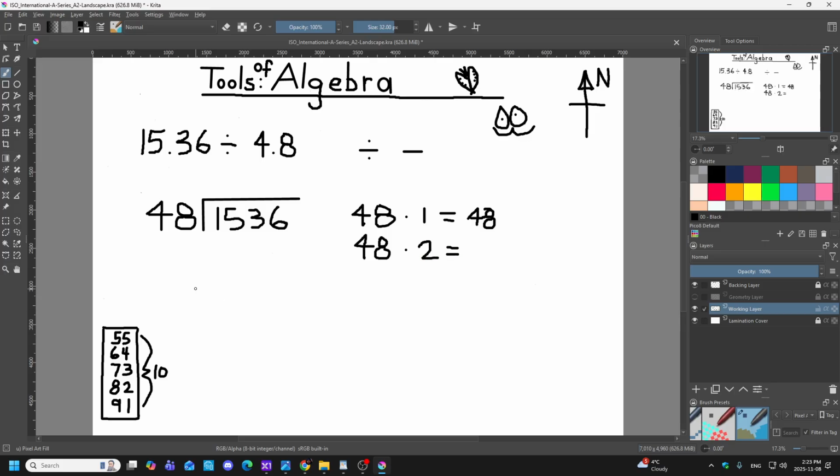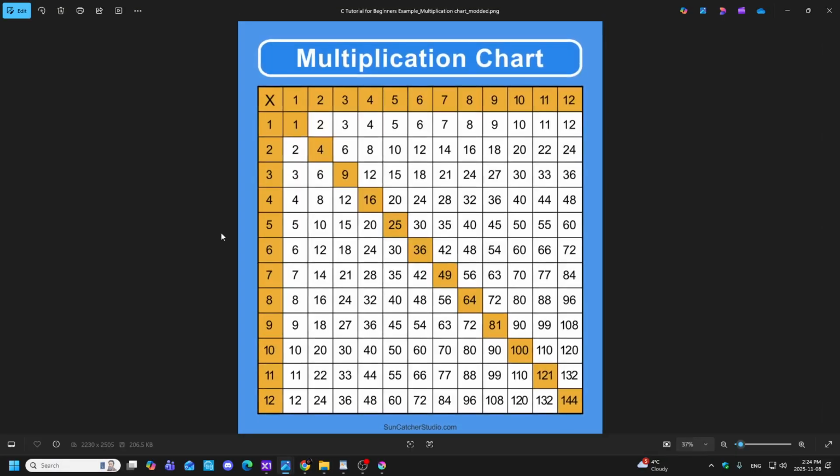On the side here, let me go like this, because we may need to do one more. We shall see. 48 times 2. Again, I highly recommend that you have your multiplication or times table memorized.